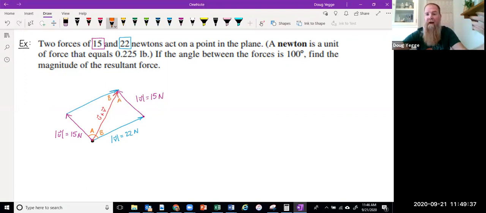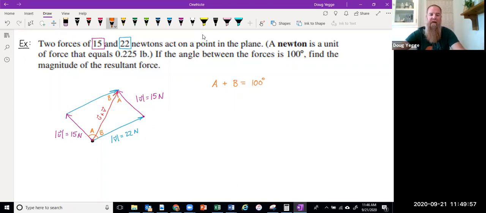So one thing to recognize in a situation like this, where we're given the angle between vectors but not the individual angles in the triangle, is that angle A plus angle B is 100 degrees.